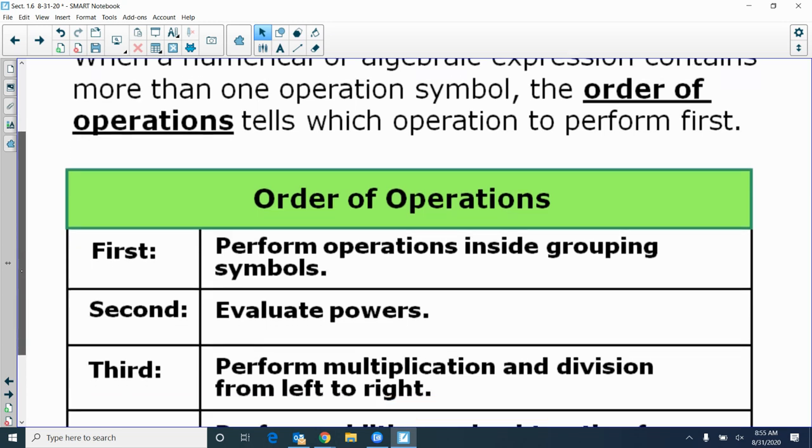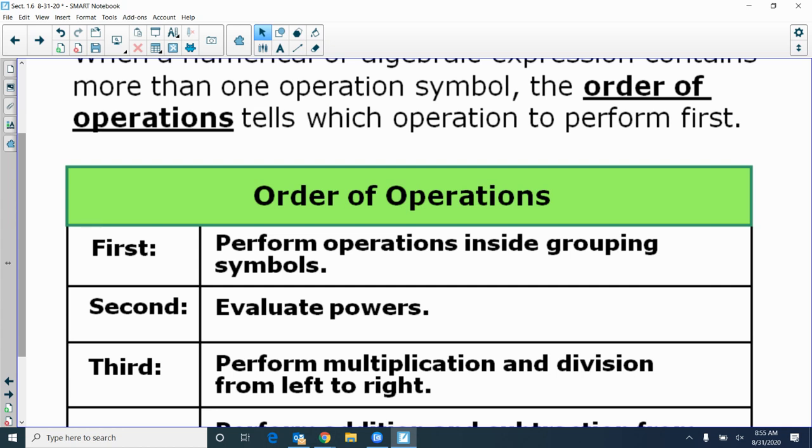The second, we want to evaluate powers, so that means exponents. So the first thing I said, parentheses. Now I'm talking about exponents. Order of operations, does this sound like something that you guys might have a super clever name for? Parentheses, exponents. Colin? PEMDAS, very good. That is exactly what we're talking about here.